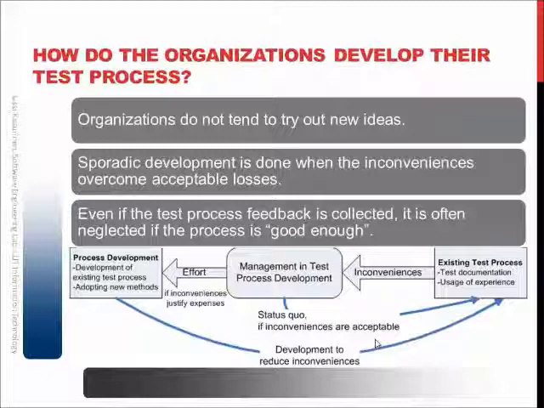It's easy enough to implement in an organization which has earlier done month-long mini waterfalls to get new versions of the software in their larger main development process. So, how do organizations develop their processes?